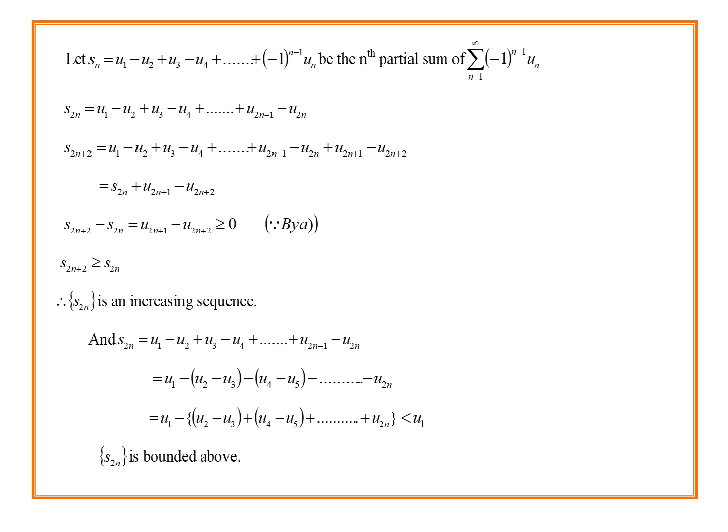After that S of 2n is subtracted from S of 2n plus 2. Subtracting, finally we get u of 2n plus 1 minus u of 2n plus 2, that is greater than or equal to 0.